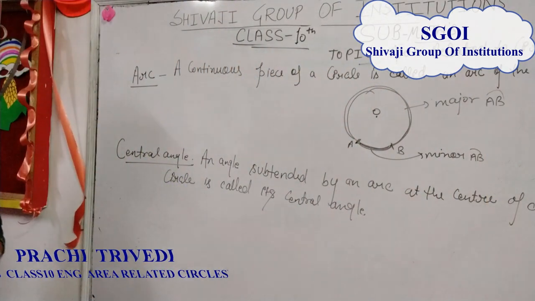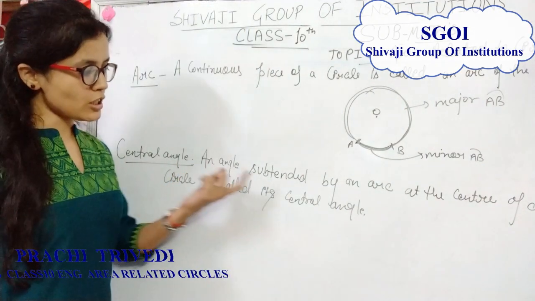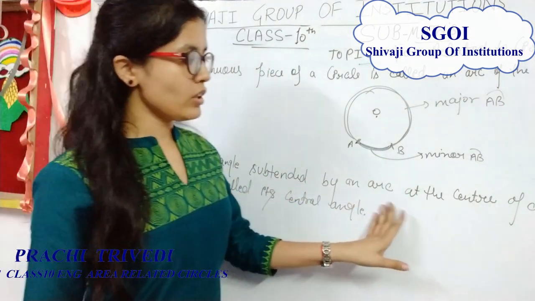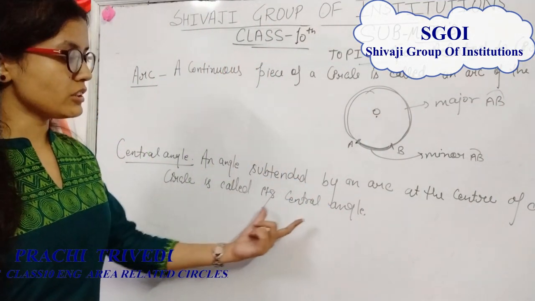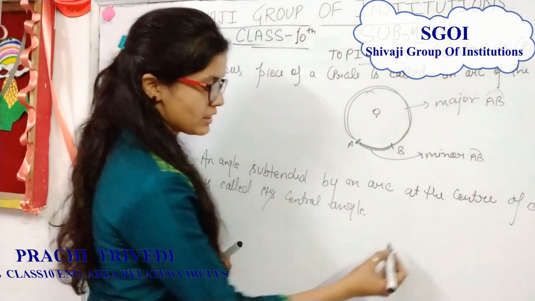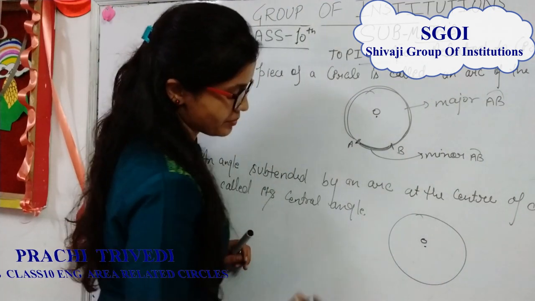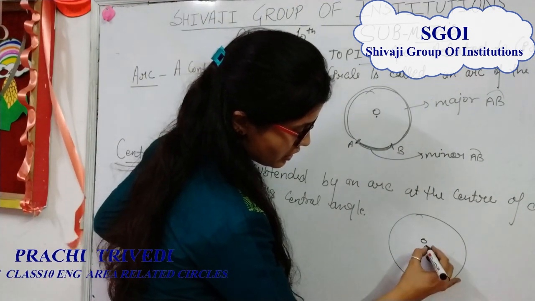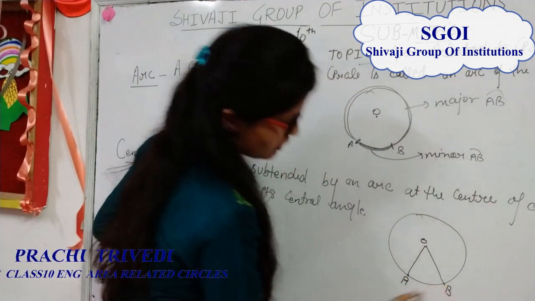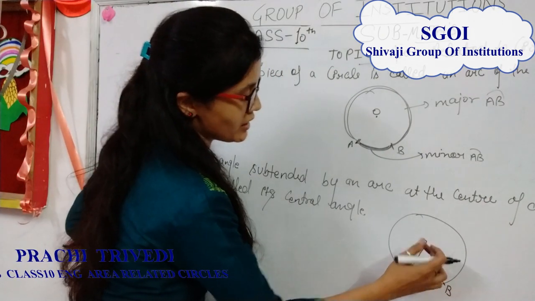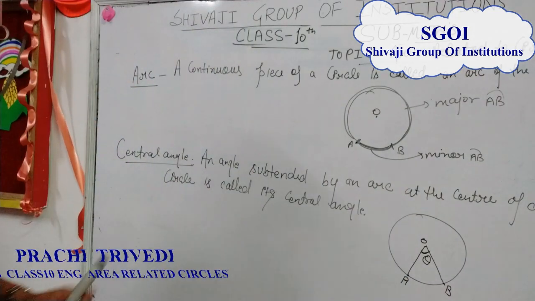Clear? Now students, what is a central angle? An angle subtended by an arc at the center of a circle is called its central angle. For example, this is a circle whose center is O, and arc AB subtends angle theta at the center of the circle.